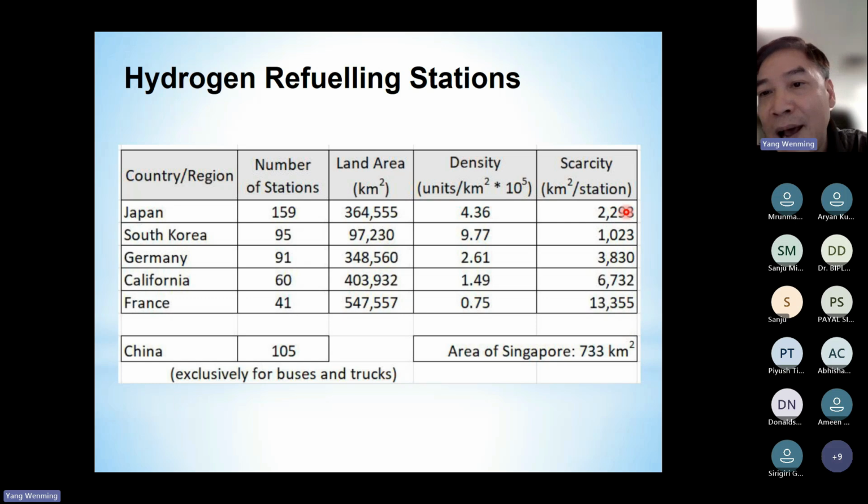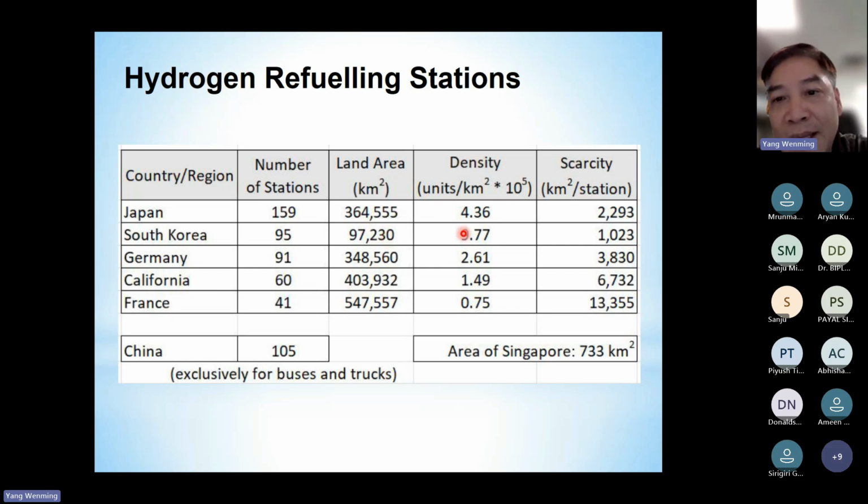Each station can only cover 2,293 square kilometers.